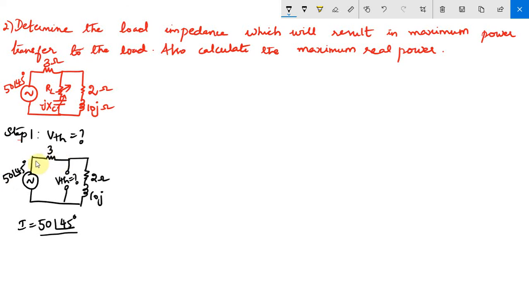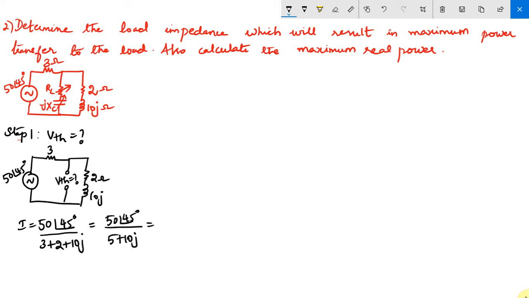The current flowing through your 3 ohm will be the same as that of your 2 plus 10J, because this branch is left open. So the total impedance is 3 plus 2 plus 10J, which is equal to 50 angle 45 degree divided by 5 plus 10J.